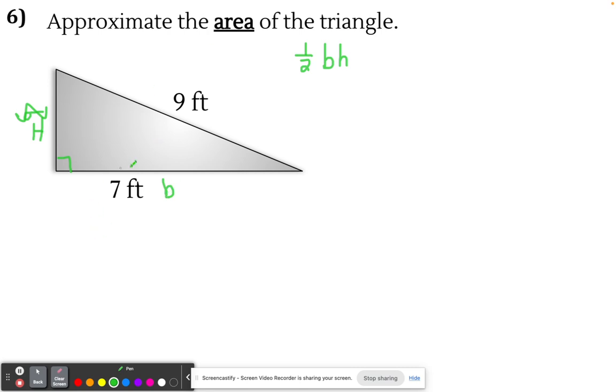So can I use my Pythagorean theorem to find out my height? Absolutely. This is my C. I'll stick with this as B, even though it was B for base. It's going to be B for leg B now, which makes my height leg A. So A squared plus B squared, and my B is 7, will equal C squared, and my C is 9.